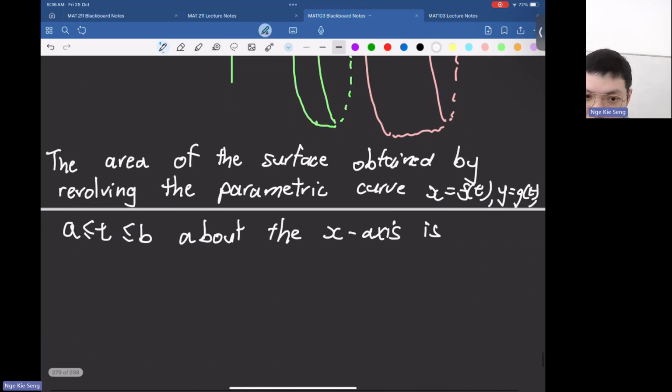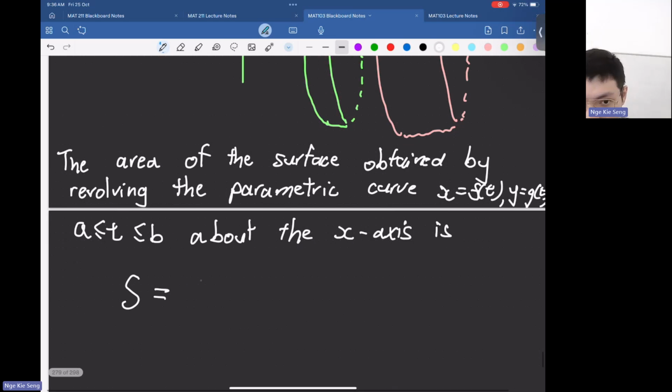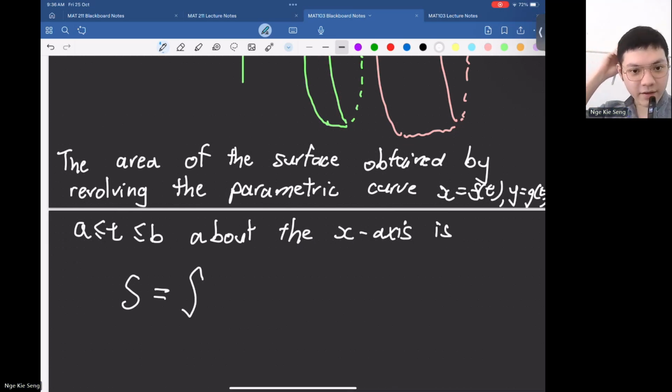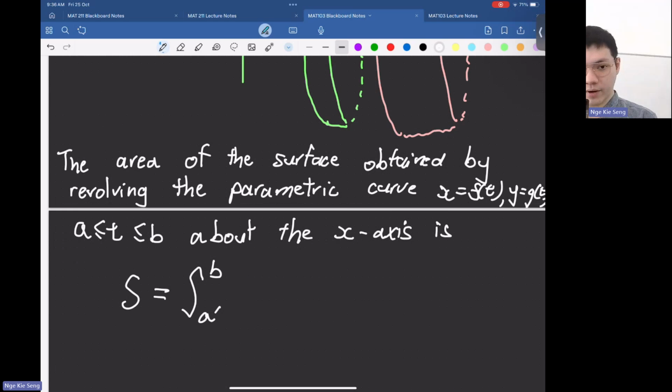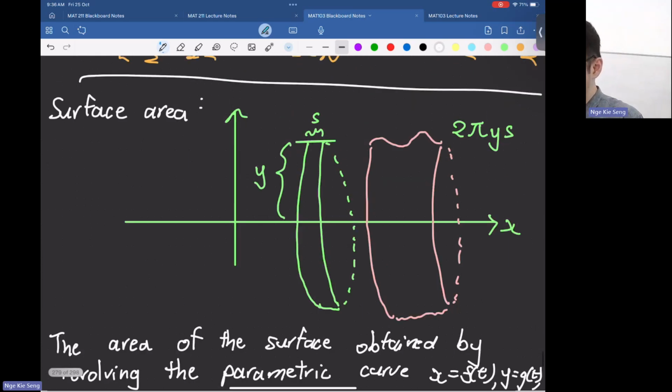Okay, it's x equals to, let's say, integrate from where to where? Let's put it from a prime to b prime first. What's this a prime, b prime here? Sorry, it's about dx. dx here refers to the length of this curve.